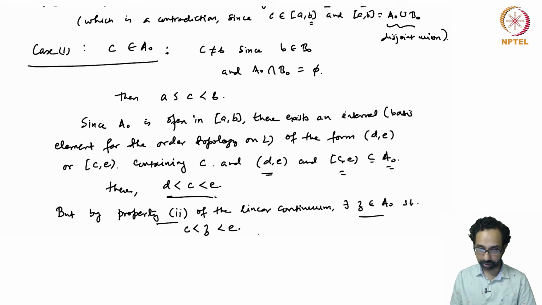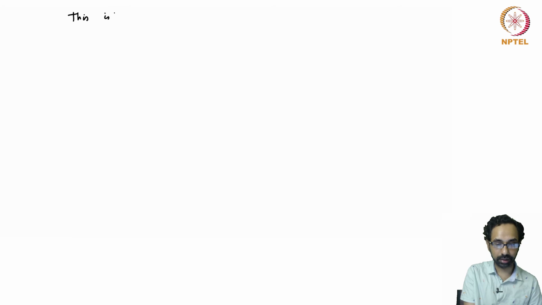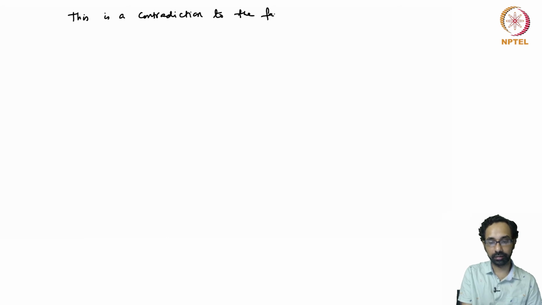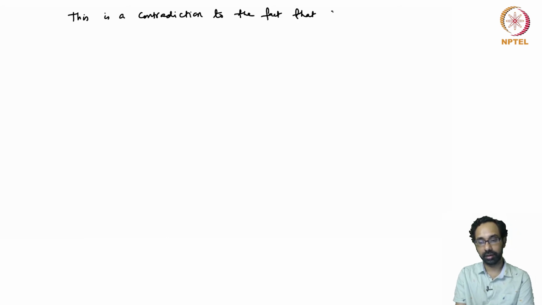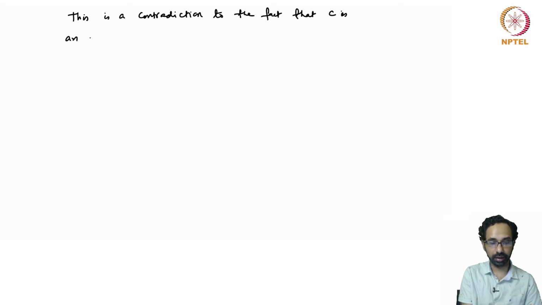But now this is already a contradiction, because we have found an element Z of A0 which is greater than C, but C was supposed to be an upper bound of A0. This is a contradiction to the fact that C is an upper bound of A0.